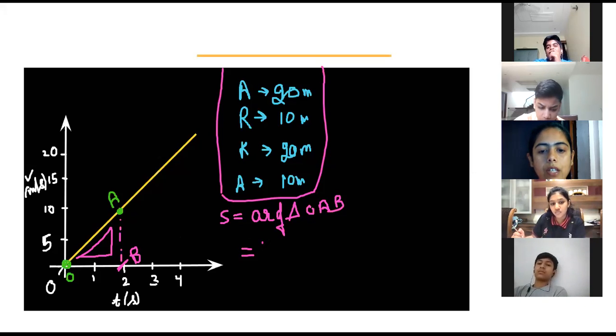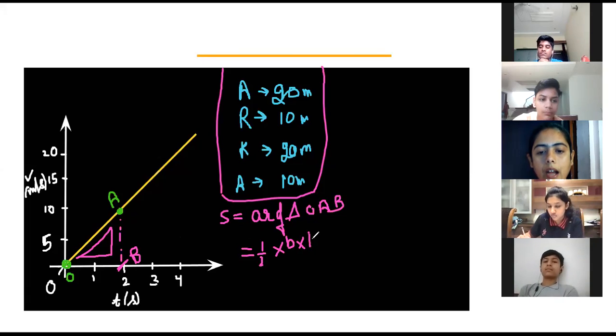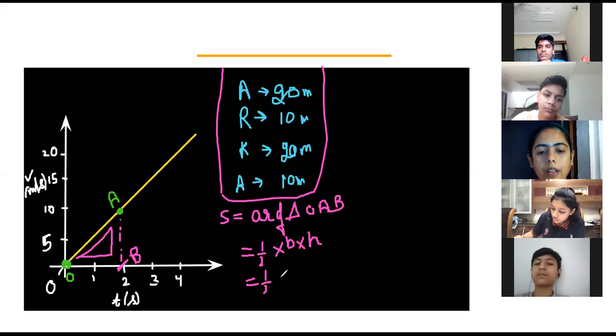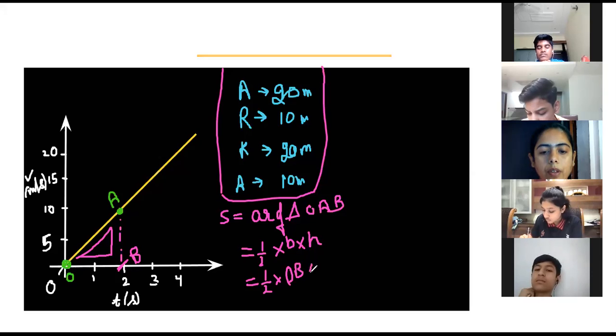Now what is the area of triangle OAB? That is half into base into height. What is the base? Base is OB, multiply by height, that is AB. OB multiply by AB.